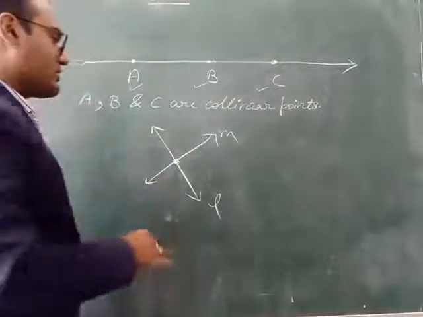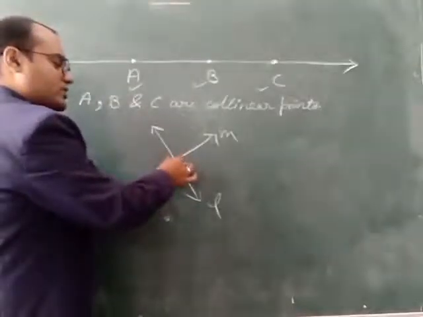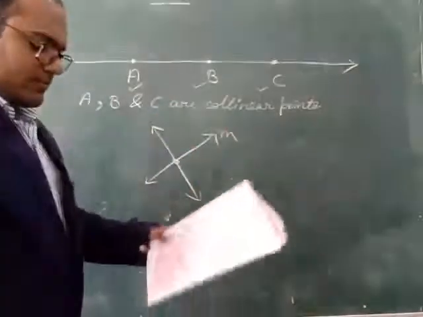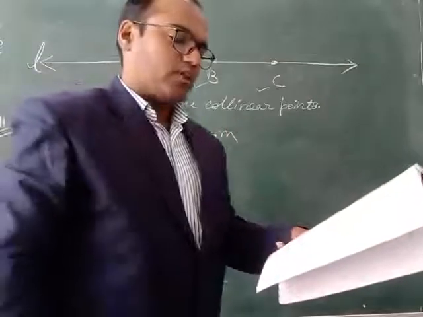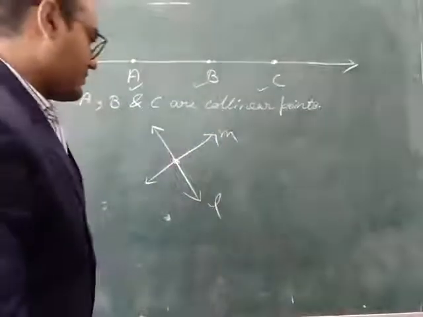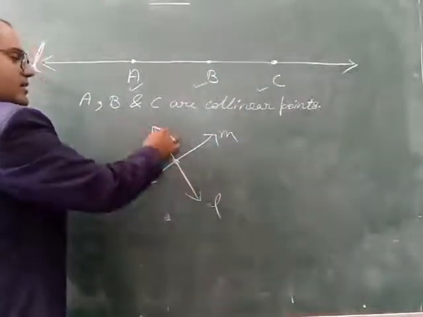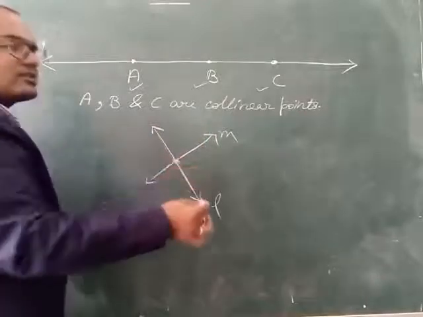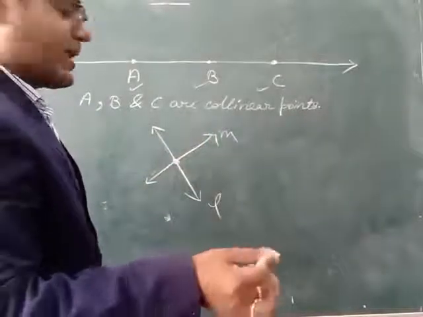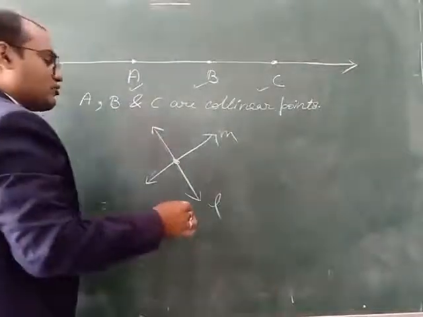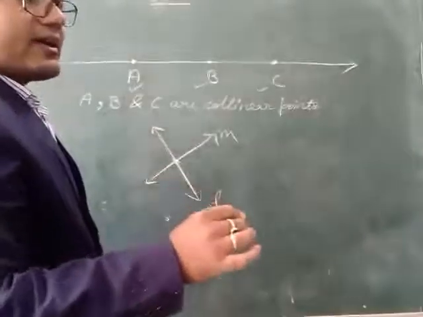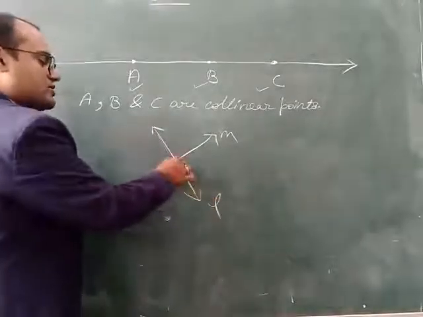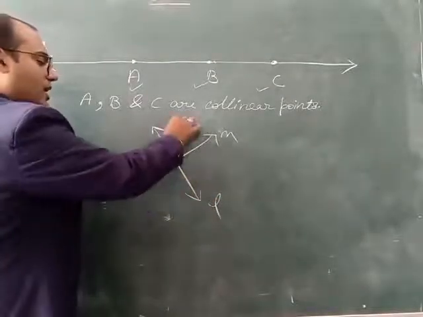And the question is, the point of intersection of lines L and M is the same as the point of intersection of L and N. This is line L and this is line M, and the point of intersection is this. Another line is also there, line N. And the question is, the intersection point of L and N is also the same. That means this is the same intersection point of L and N.